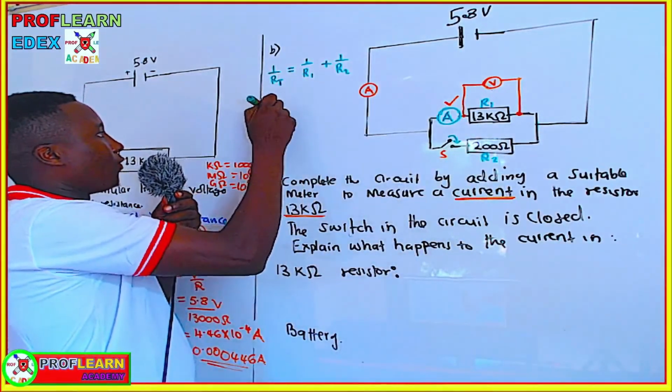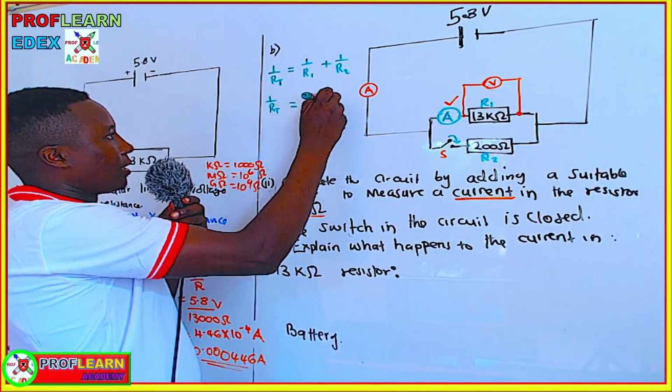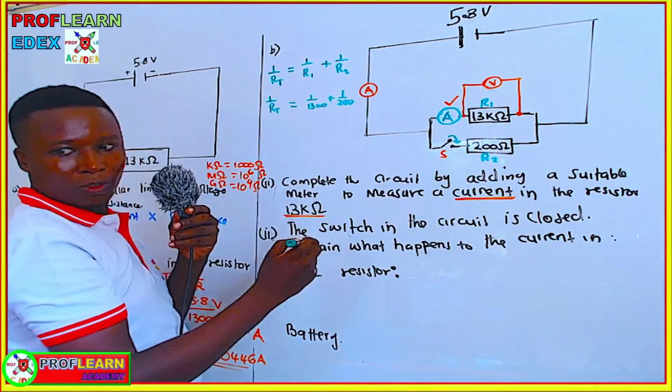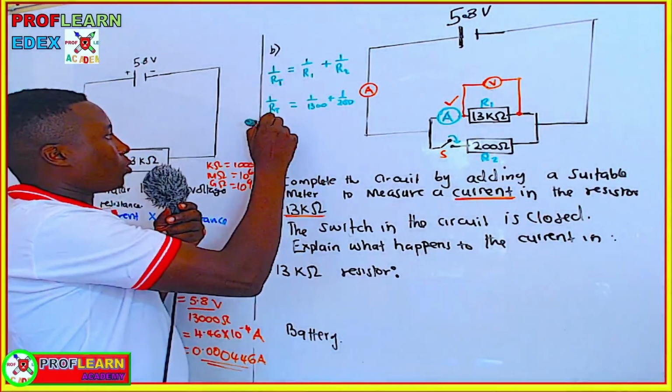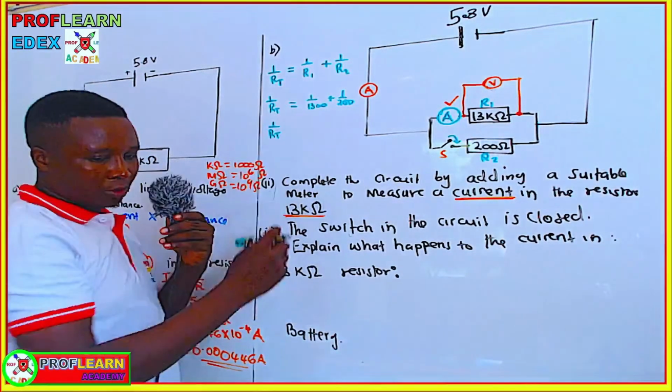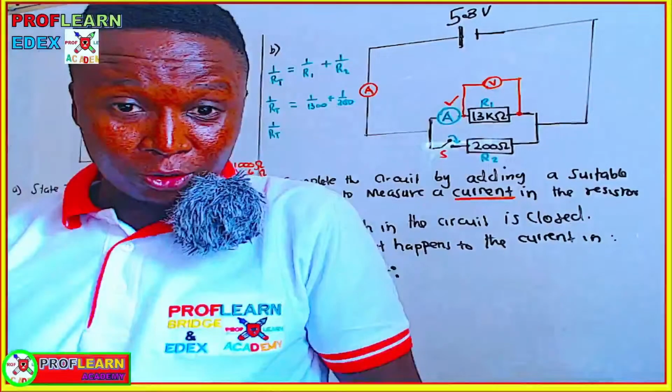So 1 over R total is going to be 1 over 13,000 plus 1 over 200 ohms, which means that if we add this, what is it going to give us for R total? Let me just put it in the calculator so that we can see what we are going to get.